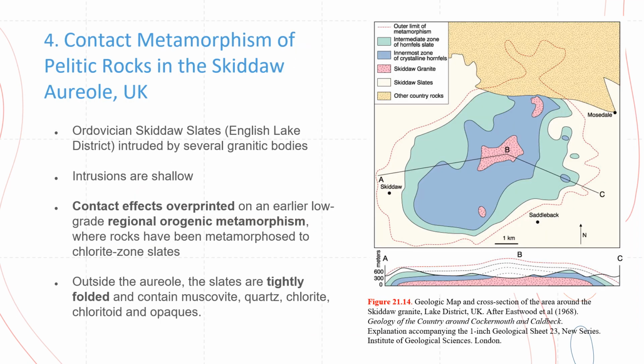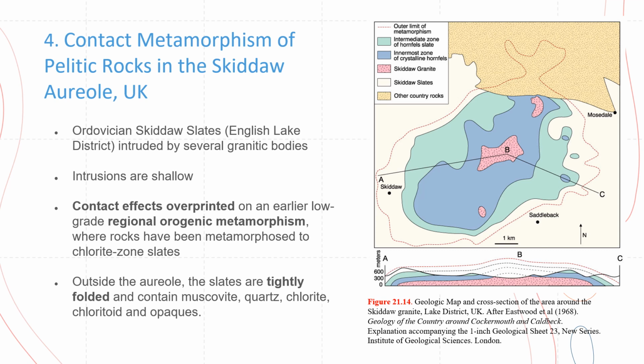Number 4 on our list of examples is the contact metamorphism of pelitic rocks in the Skiddaw Aureole in the United Kingdom. So this would be found in the English Lake District, where Ordovician Skiddaw slates have been intruded by several granitic bodies, and these intrusions are quite shallow.